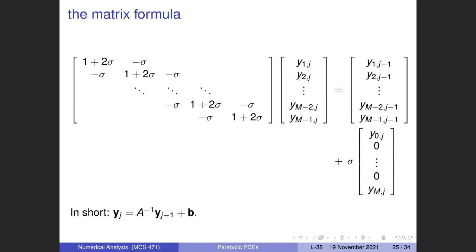In every step we will need to solve a linear system. The general formula for the method is expressed by a tridiagonal linear system. And here this is denoted in short with the inverse, but typically we will not do this.